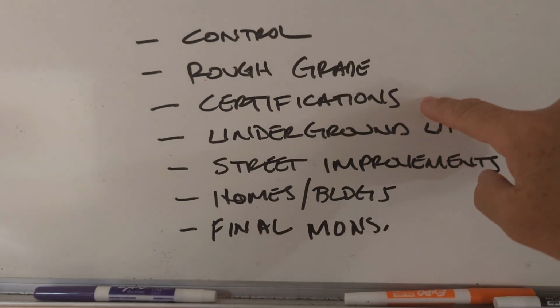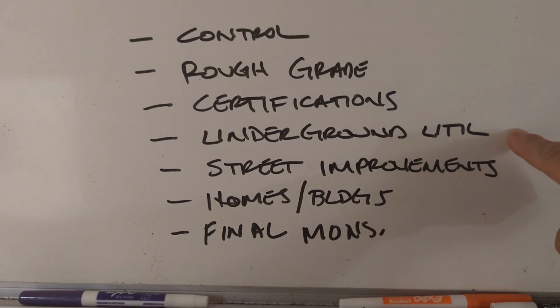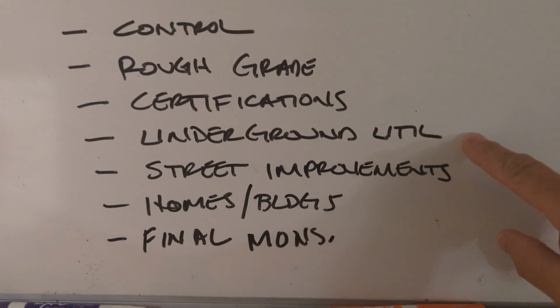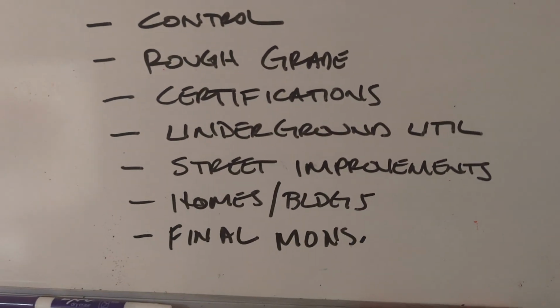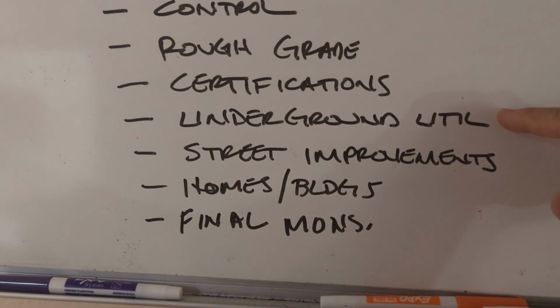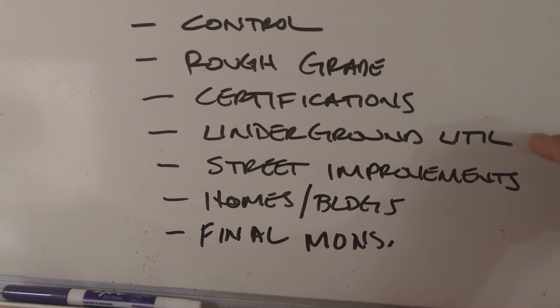I'd say after certifications, then they're released to do the underground utilities, sewer, storm drain. We stake a lot of water, and it's just because over time, they used to just pull off curb, but we've had a problem with streets failing over the years.